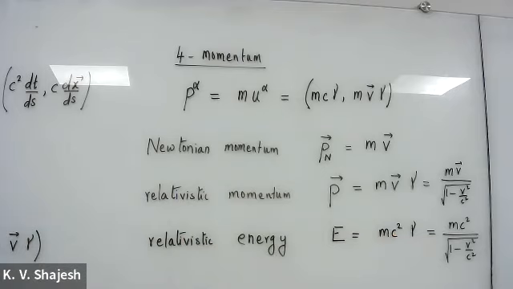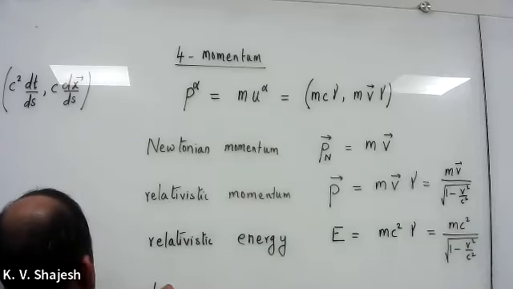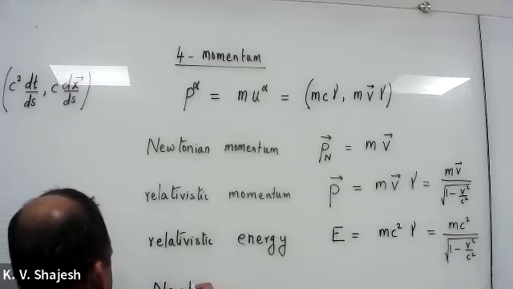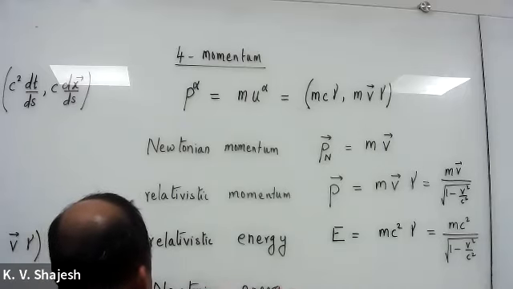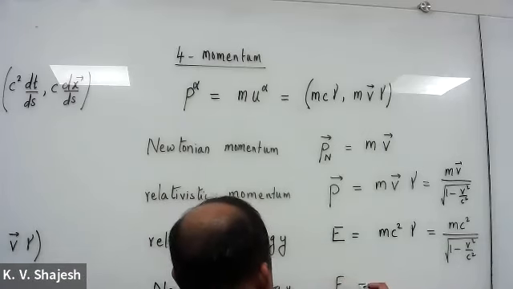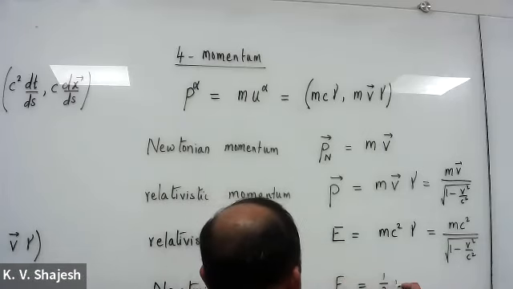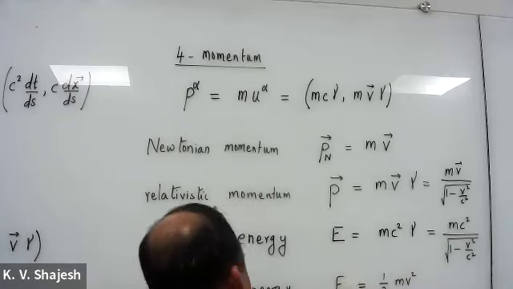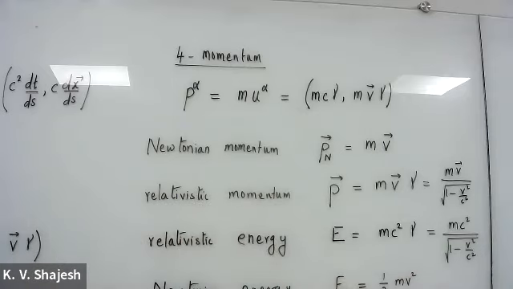Okay, and also remember the Newtonian energy. So that's E. This gives you the clarity that this is actually half mv squared, a generalization of your kinetic energy.